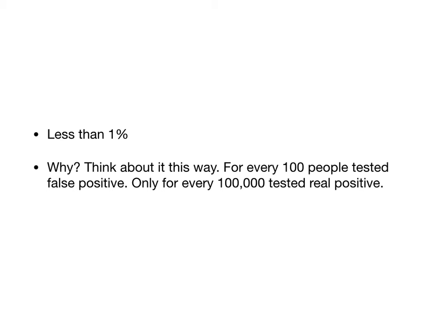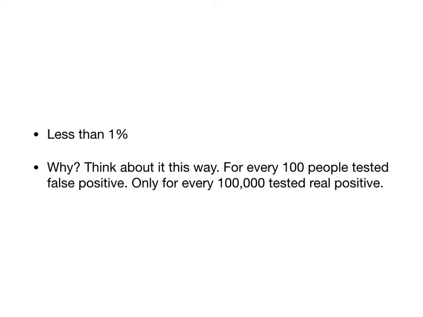Well, think about it this way, right? It is really unlikely that the test is wrong. Only in 1 out of 100 cases would the test be wrong. But guess what?